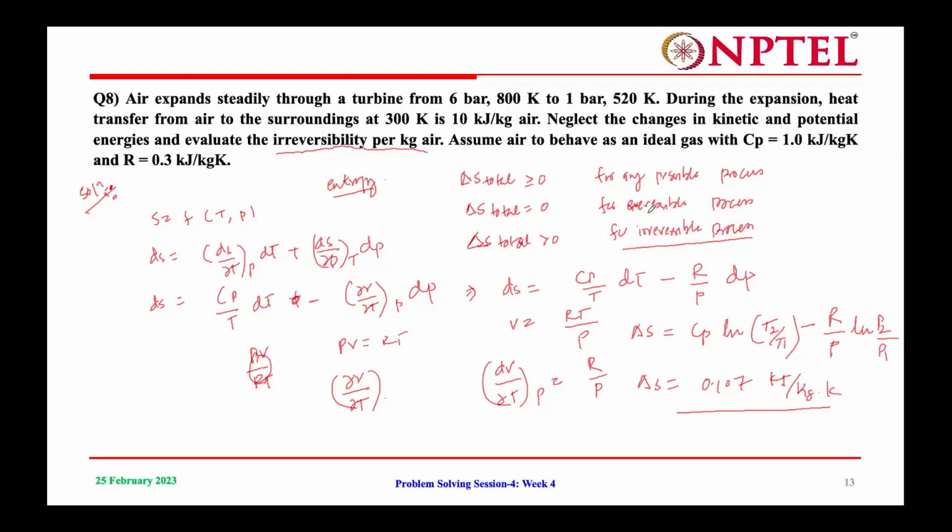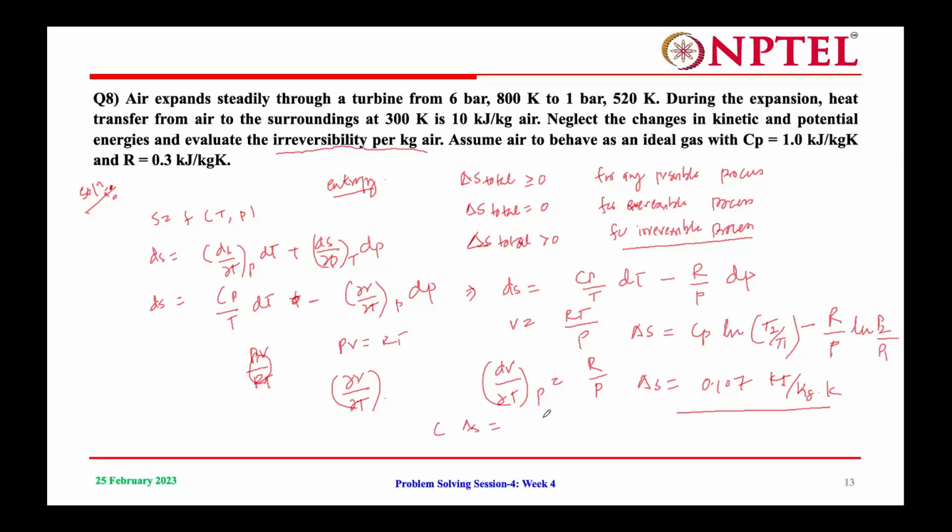But it mentions heat transfer from air to the surrounding at 300 Kelvin is 10 kilojoule per kg of air, so based on that we have to calculate the corresponding entropy, right?